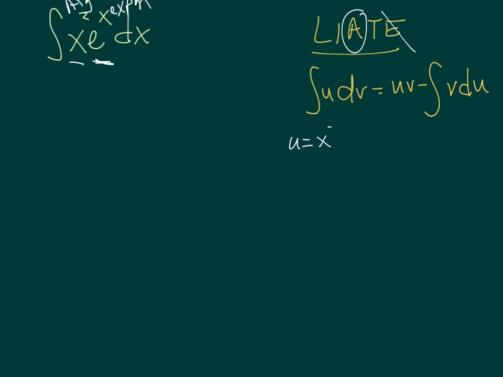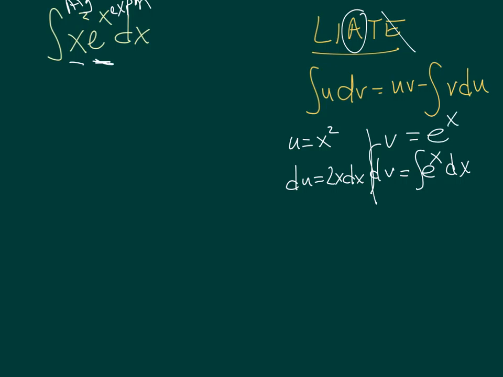u has to be x squared, and the dv is our e to the x, and it needs the differential dx. So du, we already said, is 2x dx, and dv we integrate to get v, and since the integral of e to the x is just e to the x, that's all very nice.